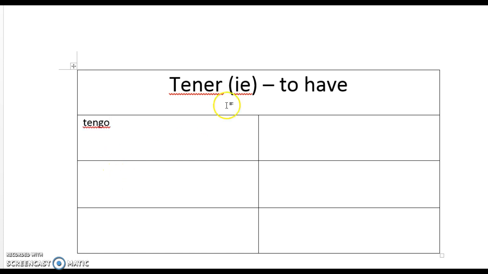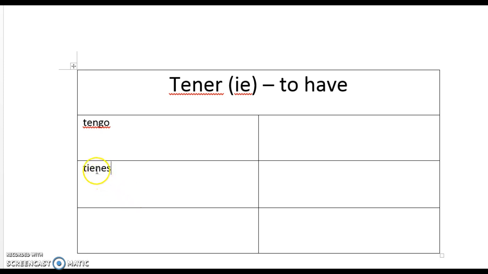The ie that we see here next to the infinitive means that it is a stem changing verb. So stem changing verbs means that one of the vowels is going to change. So here, this E is going to change to IE in certain forms. The tú form is tienes.